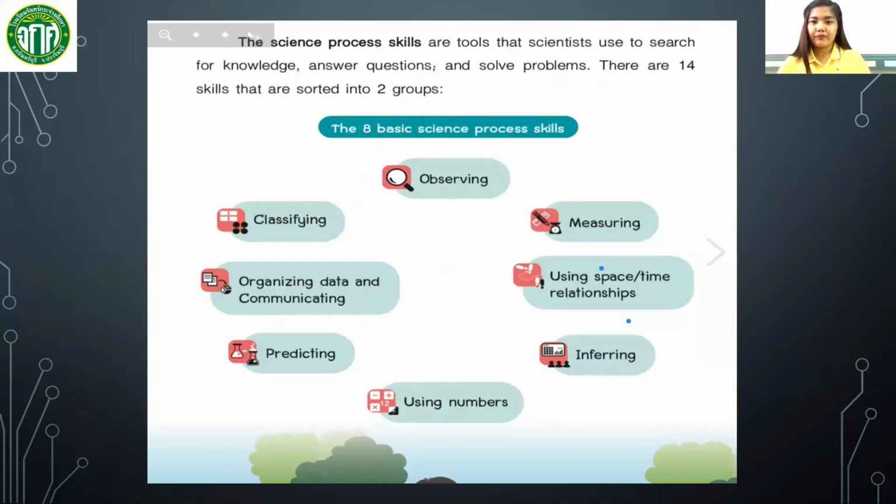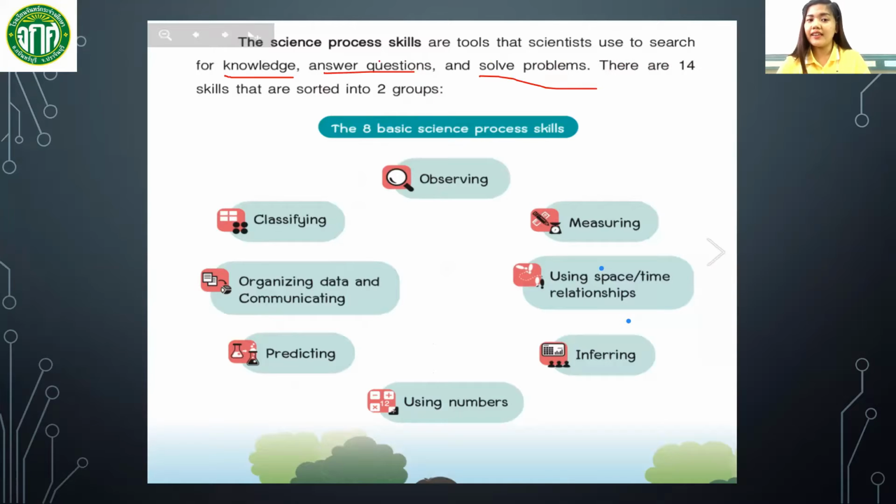All right. So the science process skills are tools that scientists use to search for knowledge, answer questions, and solve problems. Okay, so there are 14 skills that are sorted into 2 groups.